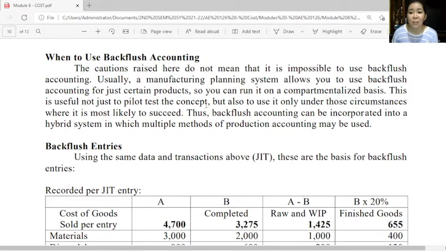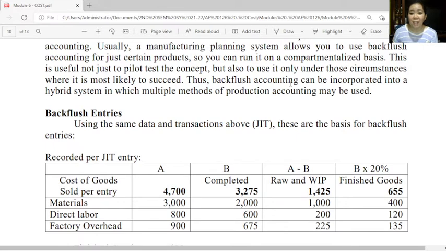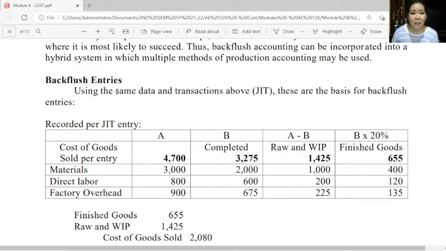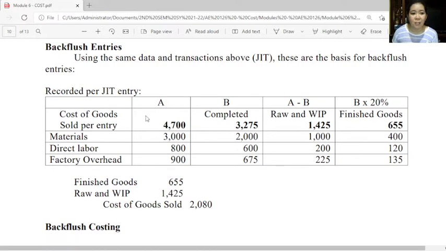So only in those circumstances where it is most likely to succeed. That's why backflush accounting can be incorporated only into a hybrid system in which multiple methods of production accounting may be used. So we have here the backflush entries. Actually this was recorded per GIP, okay, if you could still remember.